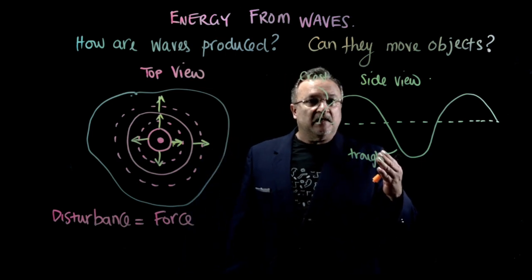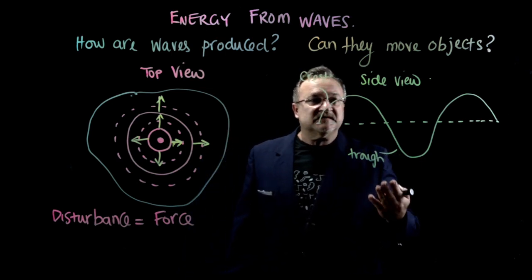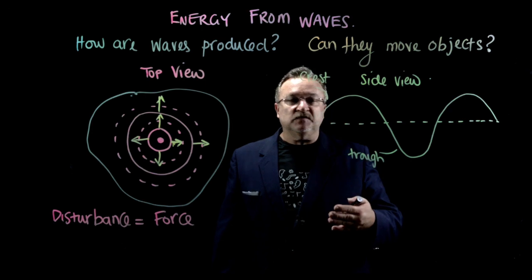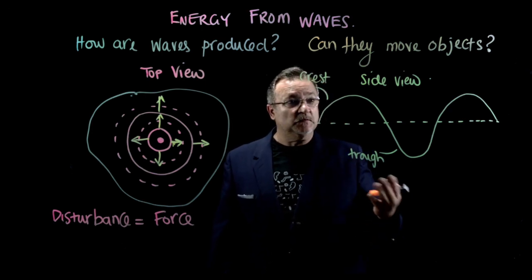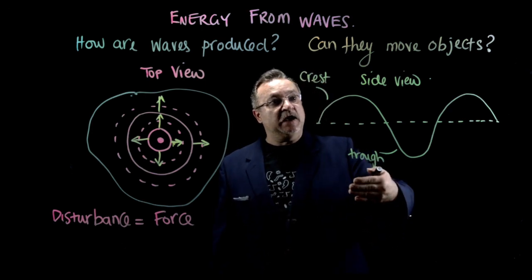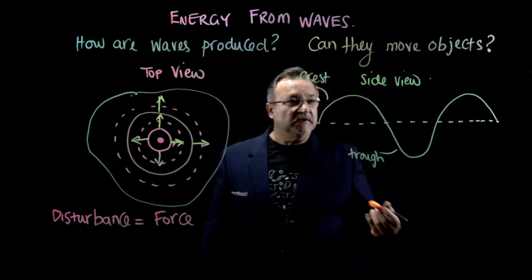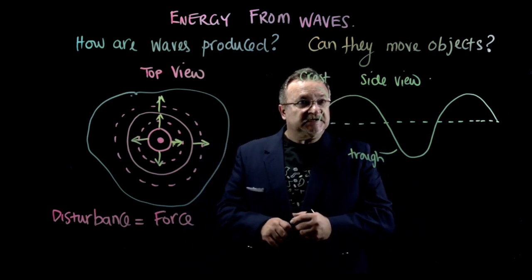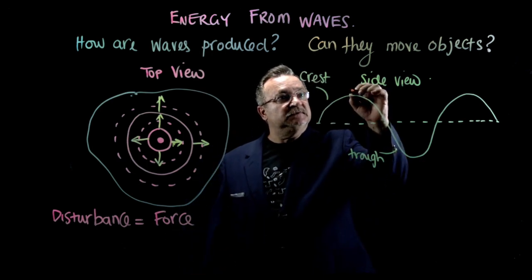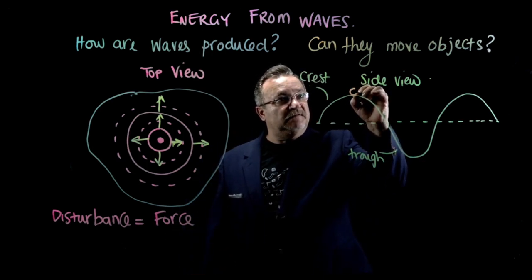Now, we want to understand what's moving and how it's moving here. How is the wave moving? How do the particles in the water move? These are the things we need to understand. So let's assume that we've got a float.